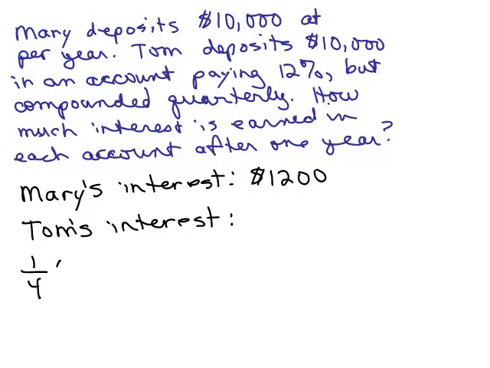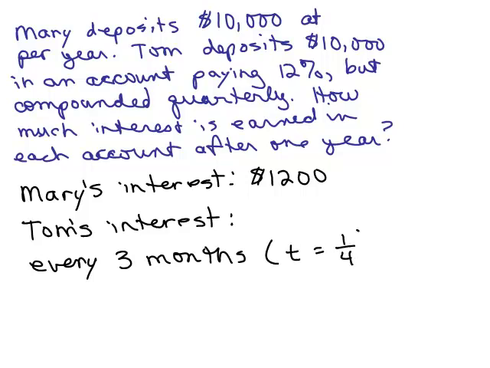So 1/4 of 12 months is 3. So that means every 3 months, or the time, is 1/4, right? 1/4 of a year. That's how often we figure out the interest.